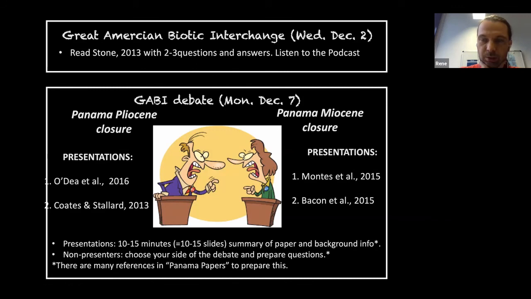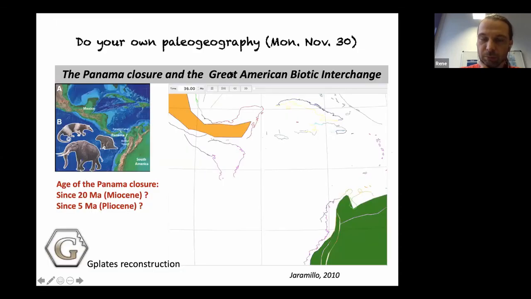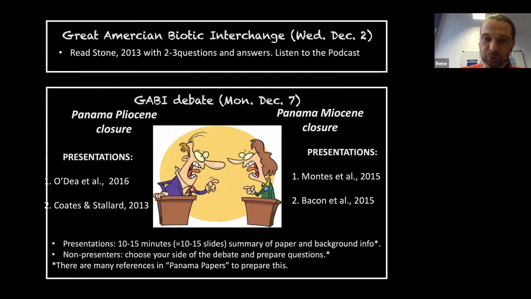So on Monday, you are supposed to come into the class with some results of the G-Plates, and the class on Monday is solely dedicated to this exercise. Next Wednesday, I talk about the topic in a lecture, and you're supposed to read this paper here, Stone 2013. And then the following Monday, we hear from you. So there's no lecture.